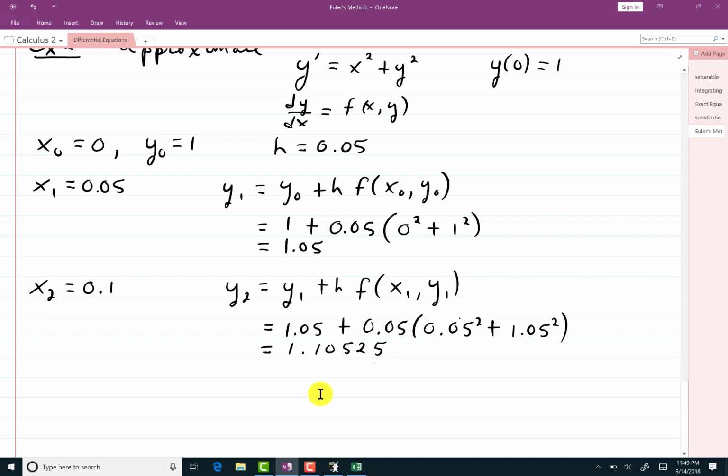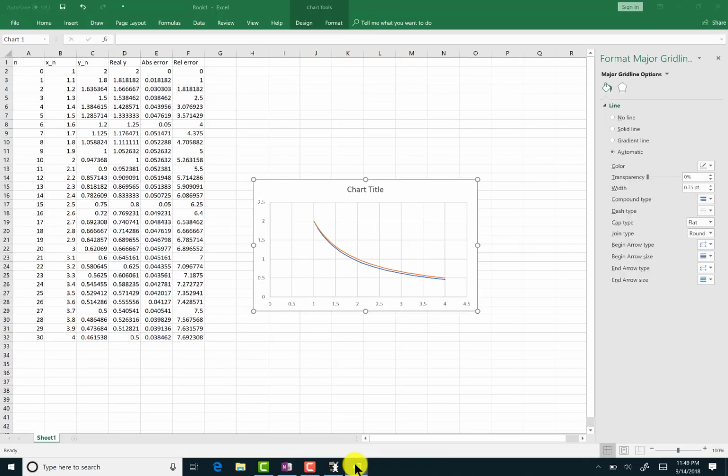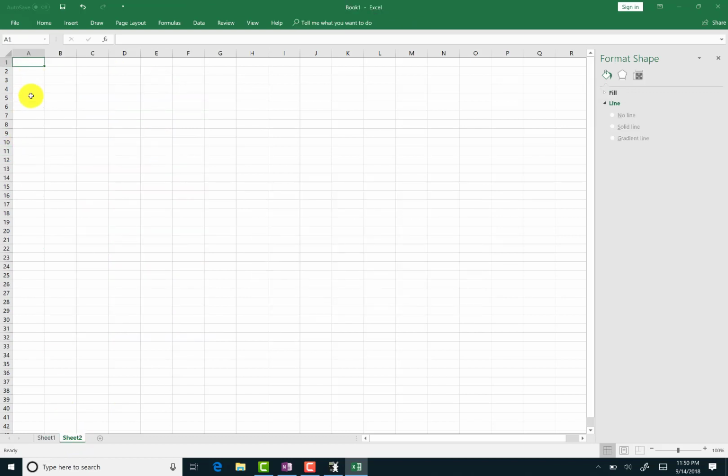I think what I am going to do is go into Excel. I'm going to leave all that's good there. I'll pick a new sheet, and I will do like I did before. I'll start n equals 0, and then I'll add 1 to it and increment that way. So I'll say this equals A2 plus 1 to get our n values. Copy that and then paste for a while.